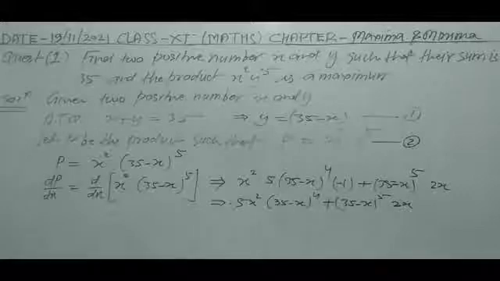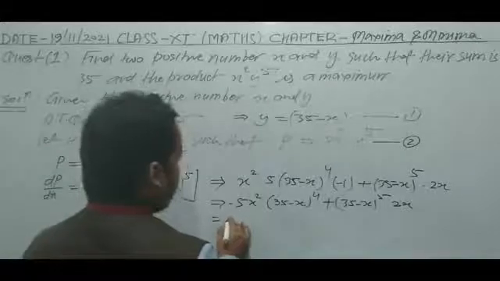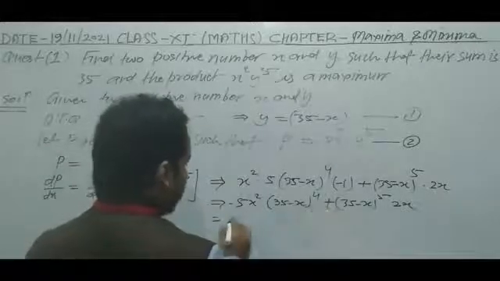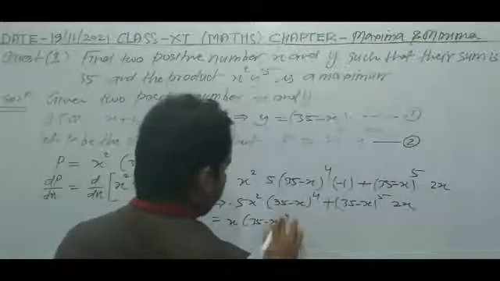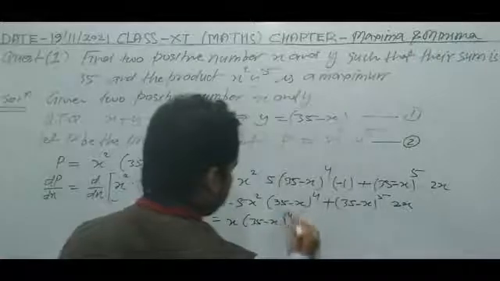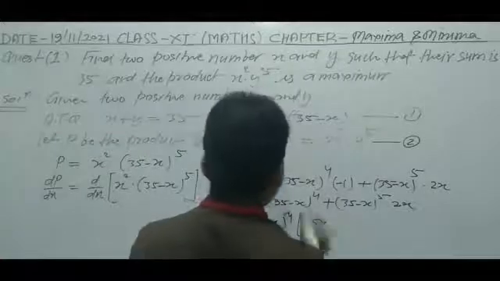Now in this expression you will see that x and (35 minus x) power 4 are common. So what will we get as the result? x in bracket (35 minus x) power 4, and in the bracket we get minus 5x.